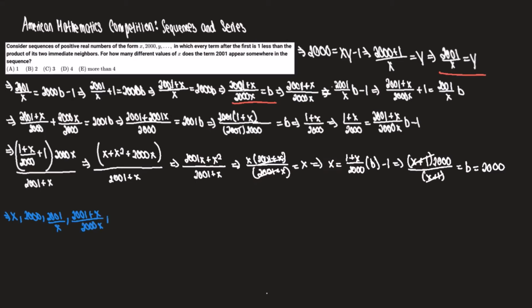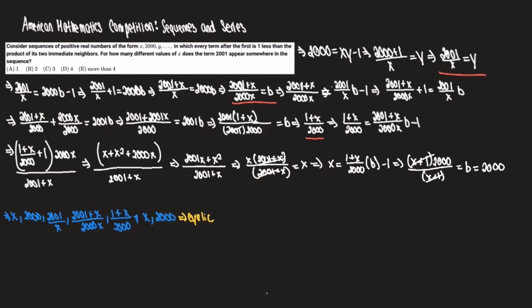The next term is 1 plus x divided by 2000. Then from there we got x. Then from there we got 2000 again. So it's starting to repeat. It's cyclic, right?